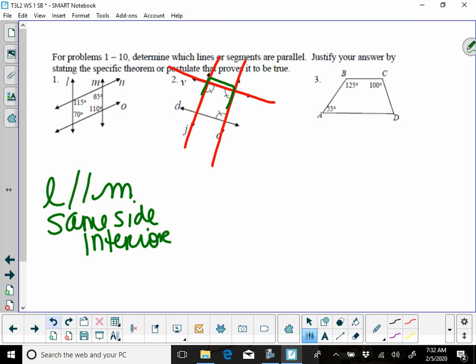Let's see what other option we have here.